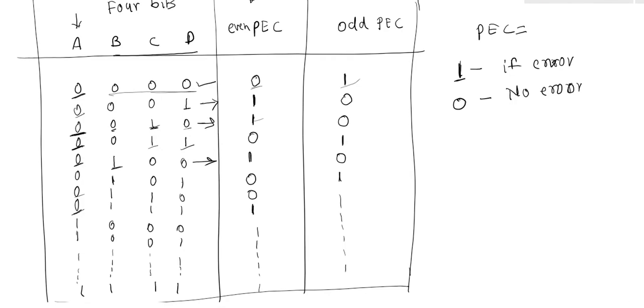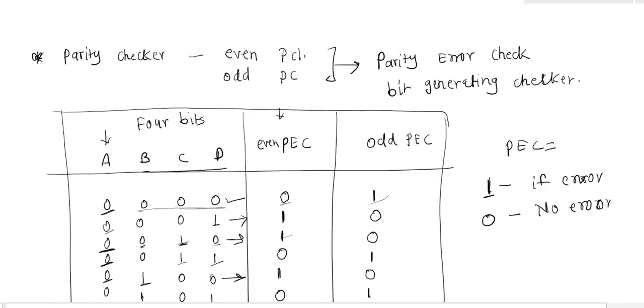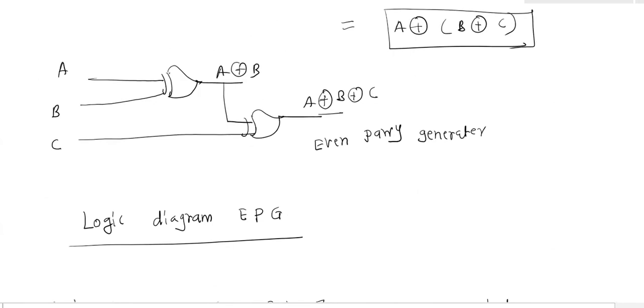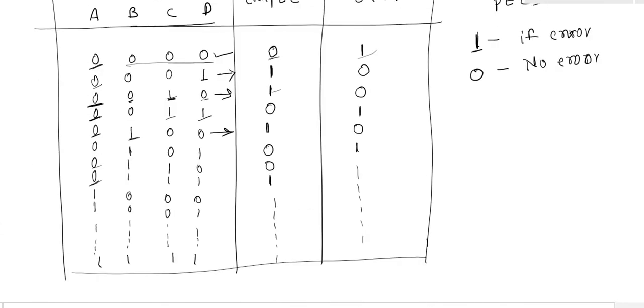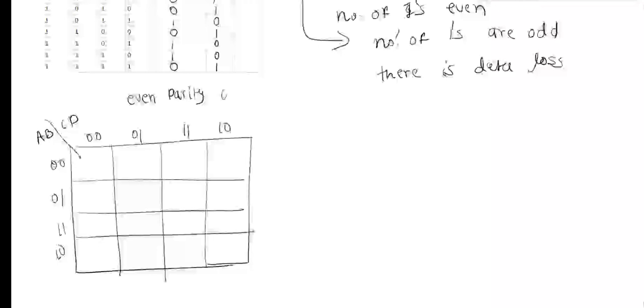Now what is the next task? Design and implement the parity checker. Now similarly to the even parity generator and odd parity generator, what you have to do now? You have to find out the expression for the even parity checker and then implement that using the logic circuit.